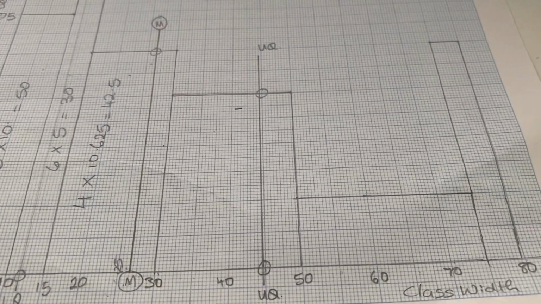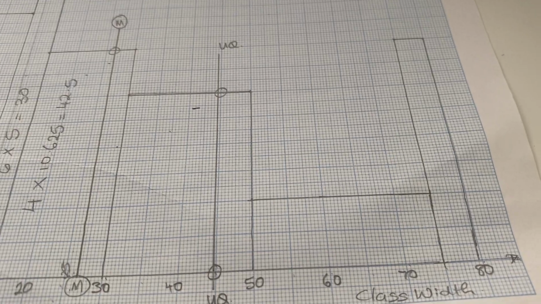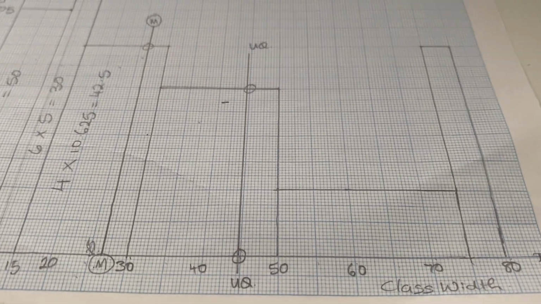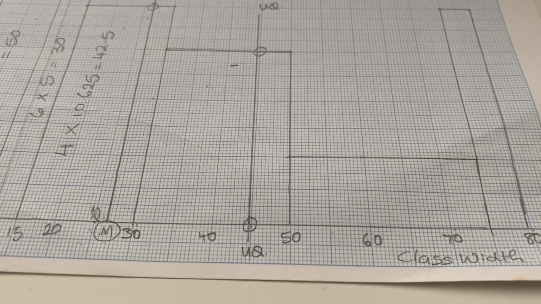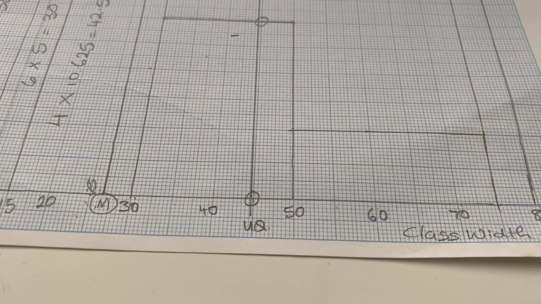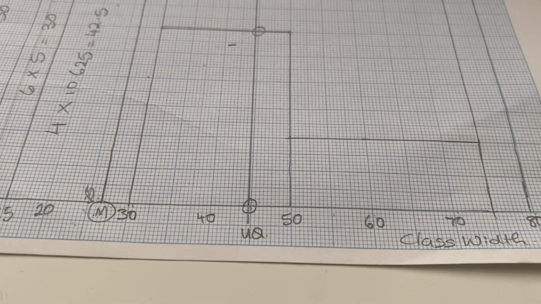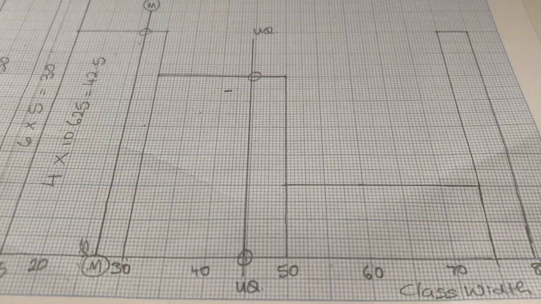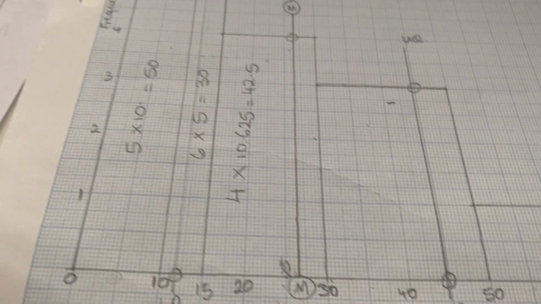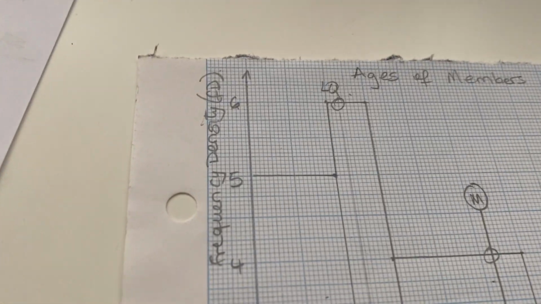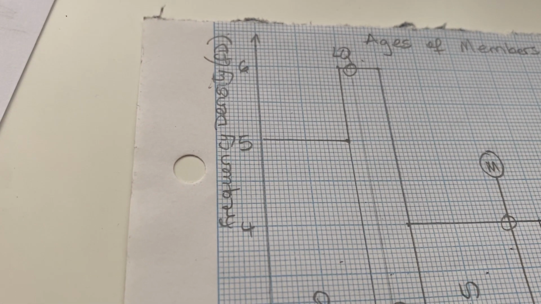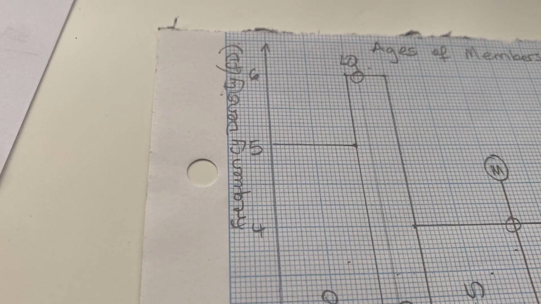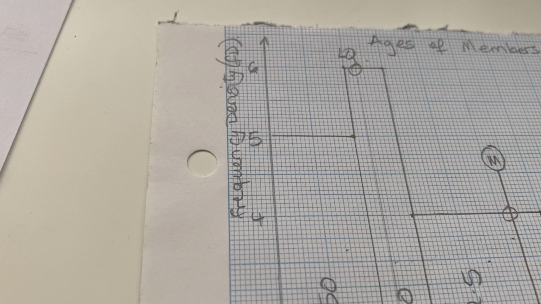Now, if you look at the histogram on the x-axis, it's up to 80, because the ages is up to 80 on my table. And then on the y-axis is up to 6, because the frequency density is up to 6.